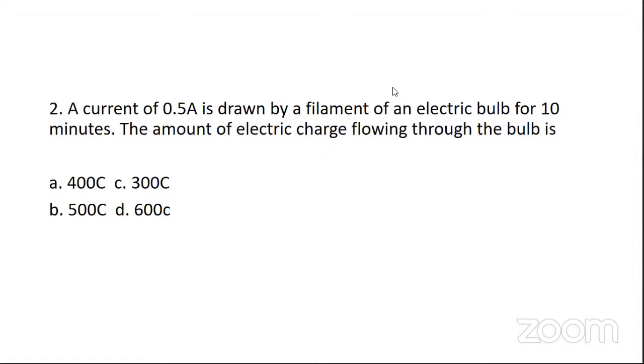Yes, that's right. Yes, Kuldeep, right answer. Anyone else?